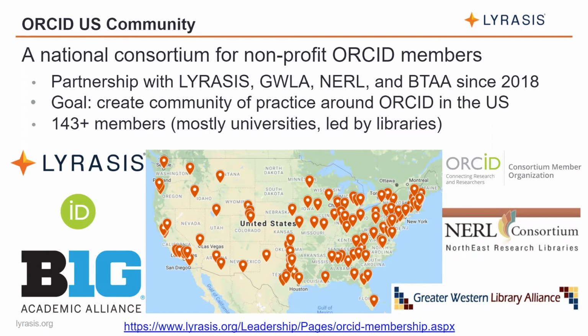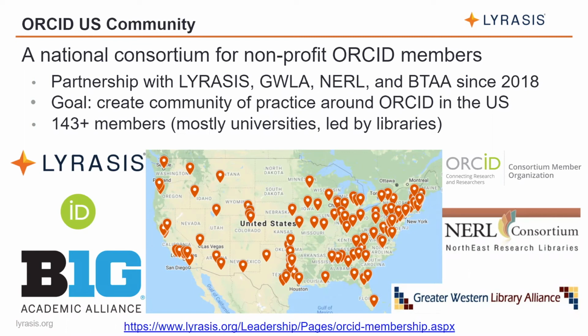Evidence of libraries using ORCID can be found throughout the ORCID US community, which is a national consortium for nonprofit ORCID members in the U.S. Formed in 2018 as a partnership between Lyrasis, the Greater Western Library Alliance, the Northeast Research Libraries, and the Big Ten Academic Alliance, the main goal of the consortium is to build a community of practice around ORCID in the U.S., ultimately making it as easy as possible for individuals and organizations to use ORCID to their benefit.